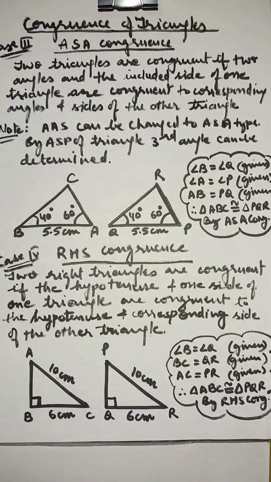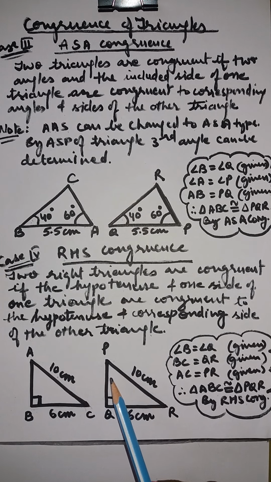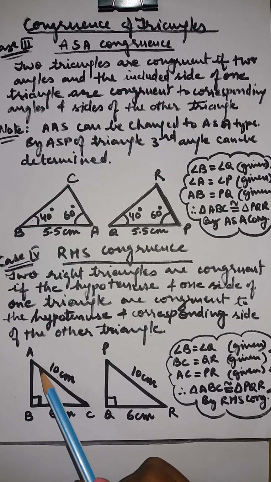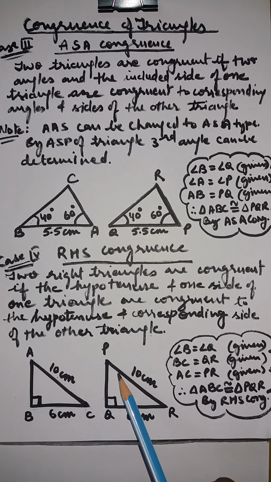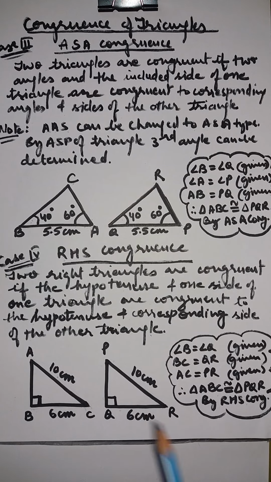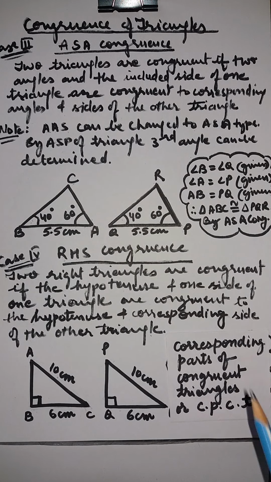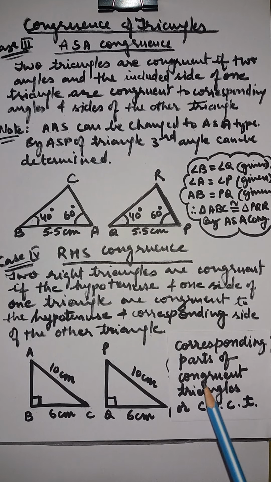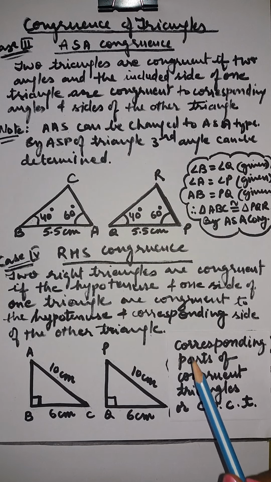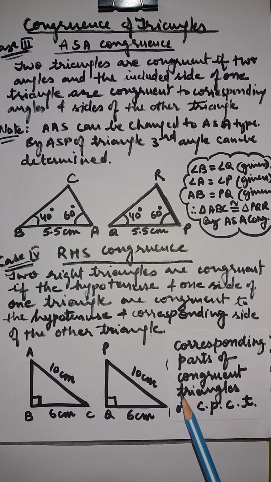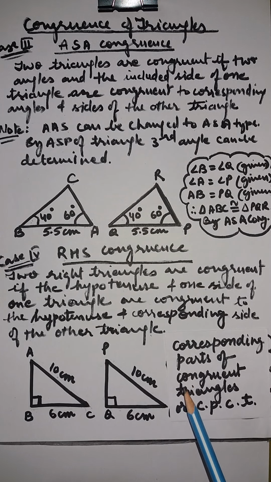Now if in this same question I ask you whether angle A is equal to angle P, though the measurement is not given, what can we do? There is one helping thing called corresponding parts of congruent triangles, that is CPCT for short.